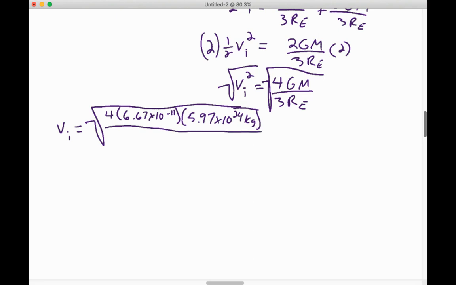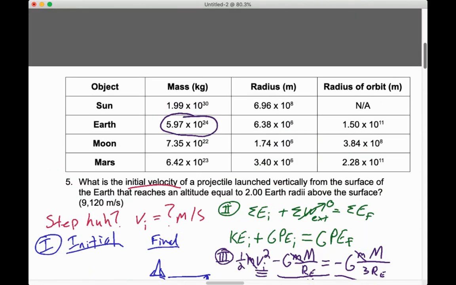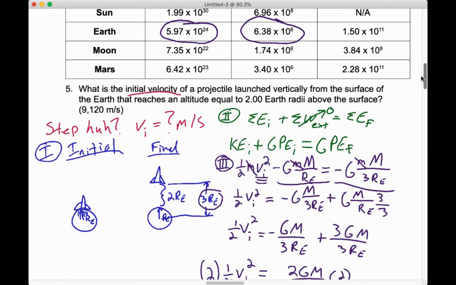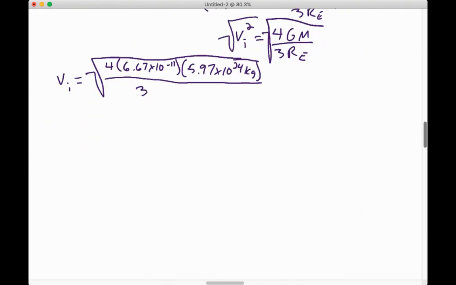And this is going to get divided by 3 times the radius of the Earth. So what is the radius of the Earth? The radius of the Earth is this number right here, 6.38 times 10 to the 6th meters.